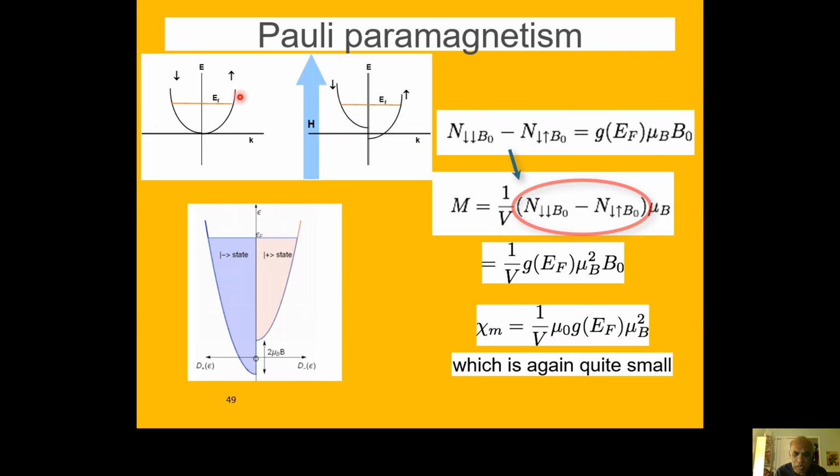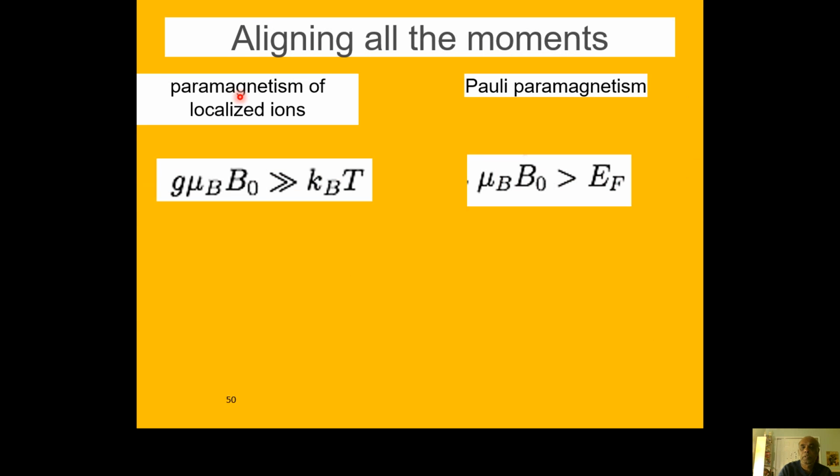Remember, the Langevin value is also very small, but that's a negative value. So now we have shown Pauli paramagnetism coming from the free electrons. Remember, we also talked about Curie paramagnetism, right? So far we have talked about three magnetic properties.